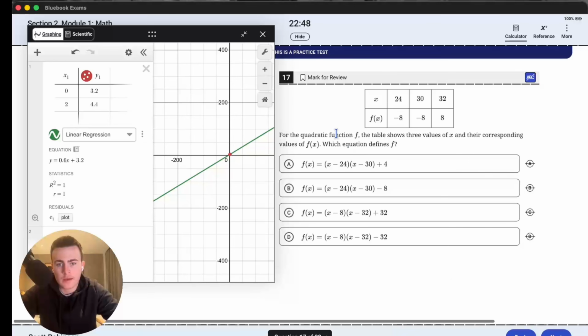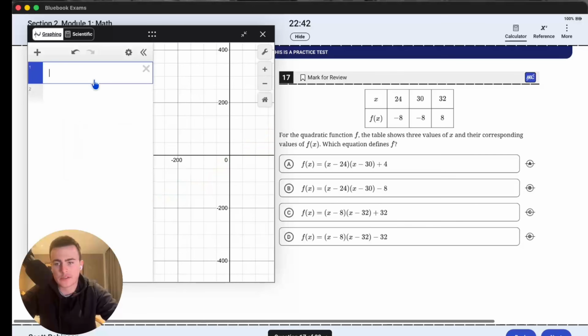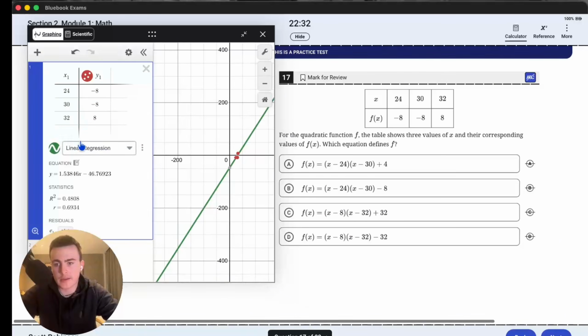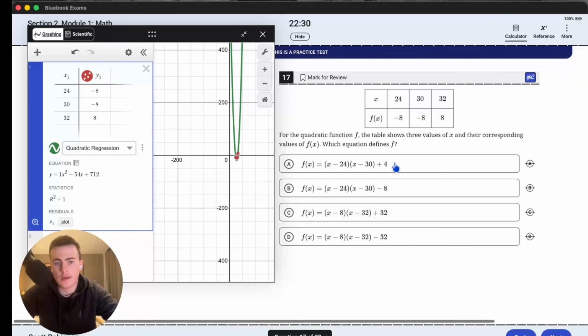Nice. For the quadratic function, the table shows 3 values of x and corresponding values of f of x. Which equation defines f? Well, you have a table. Let's just plug it in. Pretty simple. 24, 30, 32, -8, -8, and 8. So then this is a quadratic, by the way, so we changed to quadratic. And now we want to see which of these equations is the same as this.